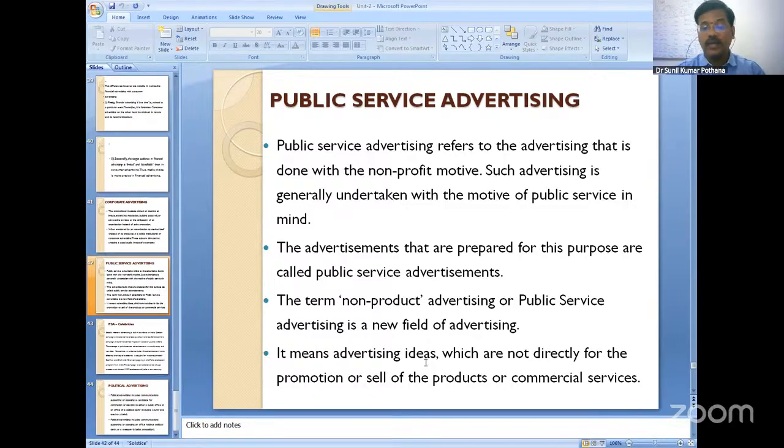This is non-product. For example, polio eradication, there is an advertisement by celebrities.